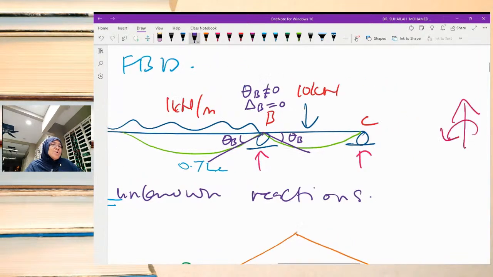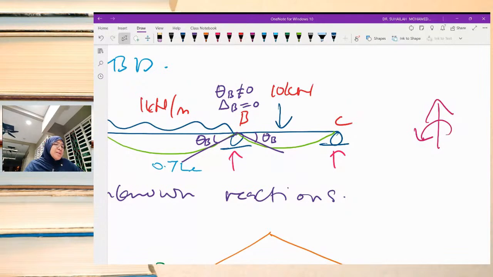And now at C again, the tangent line is theta at C. So theta at C is not equal to 0. The vertical component, delta at C, is equal to 0 because there is no vertical movement due to the roller support.